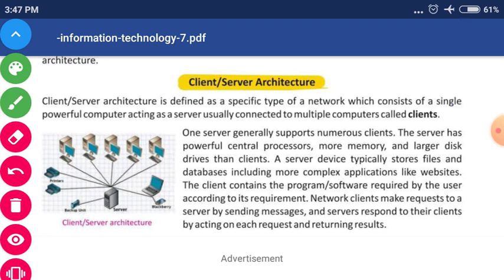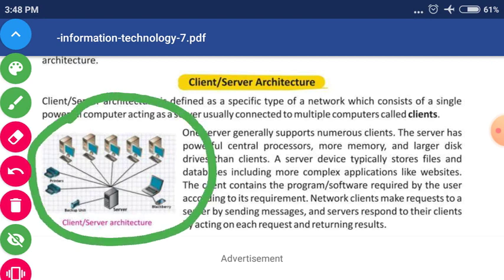In this client server architecture, a main powerful computer is placed in the center, and the remaining computers are connected to the central computer. Such a setup is called client server architecture. You can easily see there is your main computer, that is also called a server.